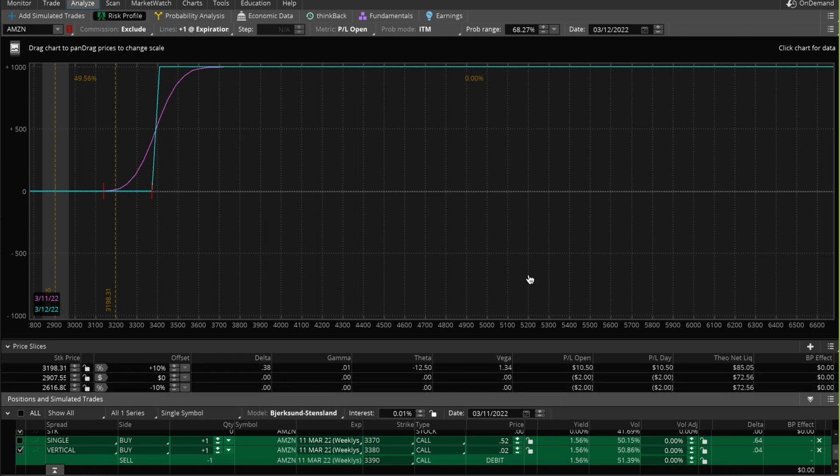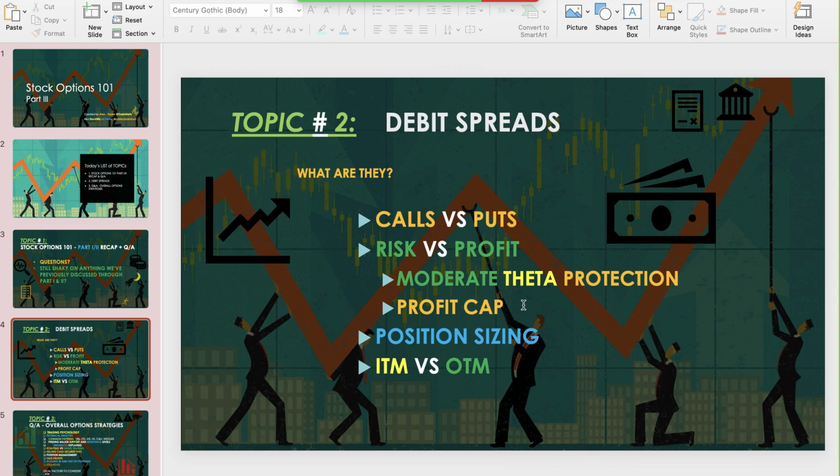And you can play around with different scenarios to calculate your risk and profit potential.